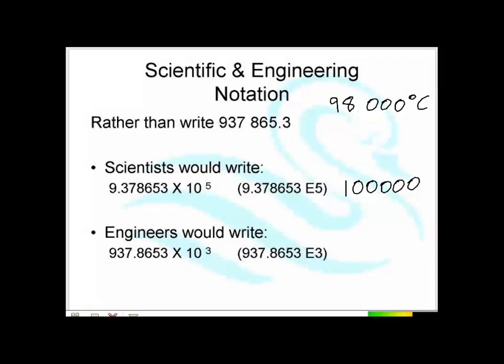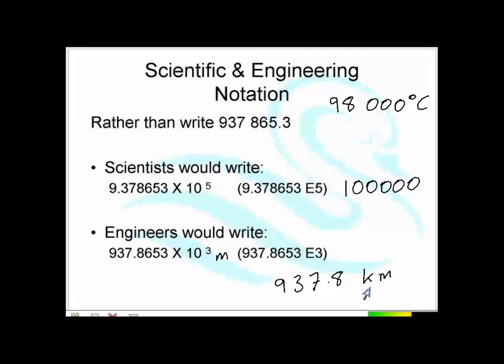The reason we do that is because as engineers, we know that E to the 3 means kilo. So if you see 937.8653 times 10 to the 3, if that was meters, then that would equal 937.8 kilometers, because E to the 3 or times 10 to the power of 3 means kilo.